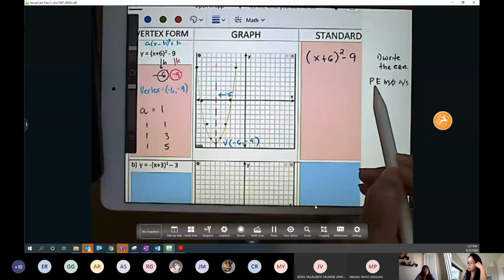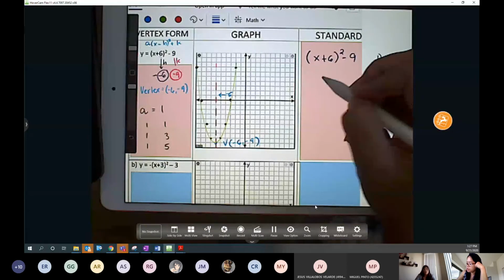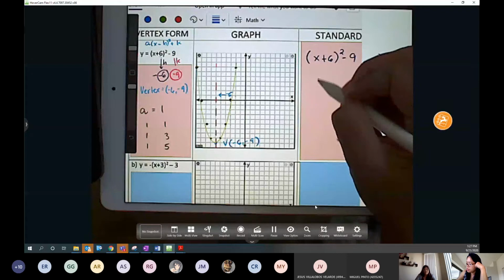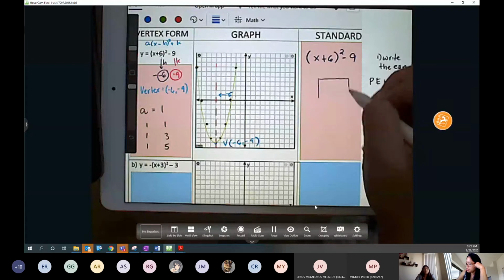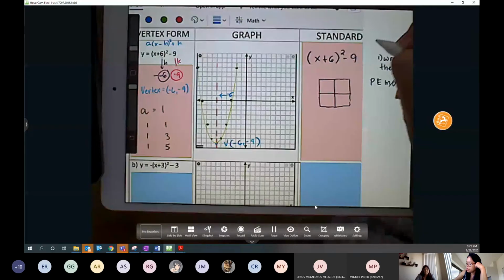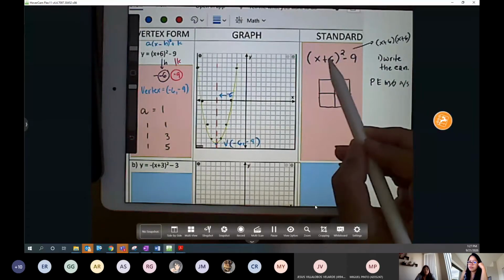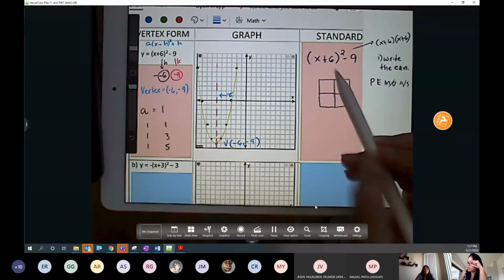Then we move up. Exponent. There is an exponent. So we're going to do this first using the box method. X plus 6 squared is multiplying x plus 6 to itself. Okay, so x plus 6 times x plus 6. That's what you're going to do here.